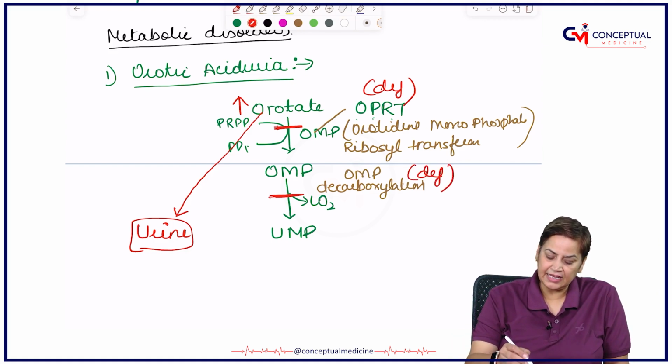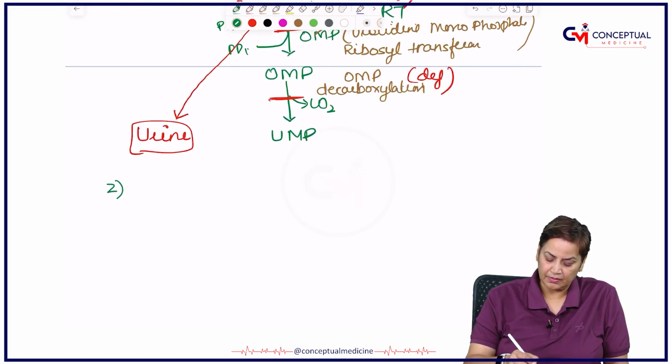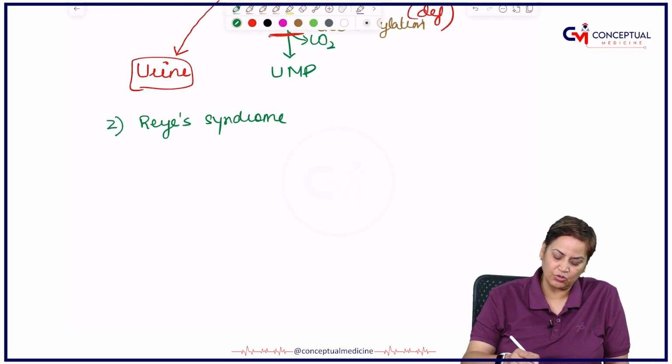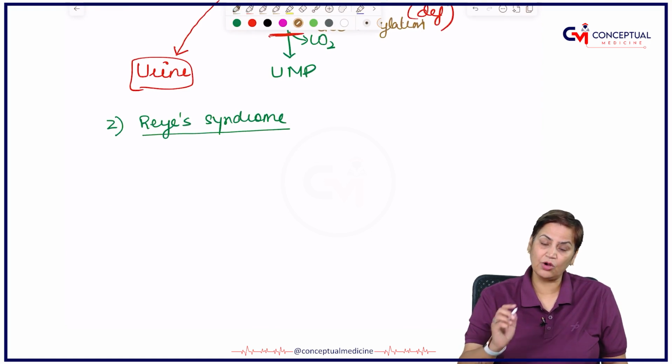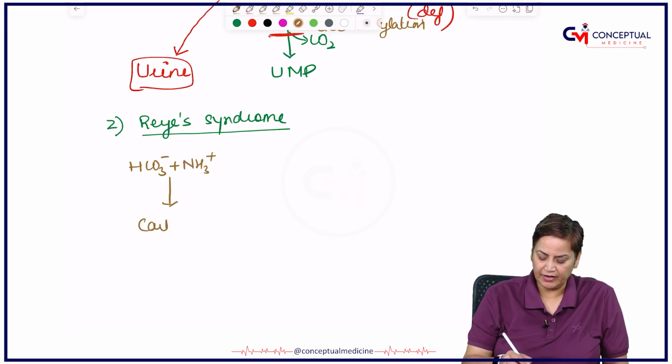Then second here is Reye syndrome. Now in Reye syndrome, if I take you back to the first reaction of the urea cycle, what is happening is bicarbonate ions combine with ammonium ions to form carbamoyl phosphate.